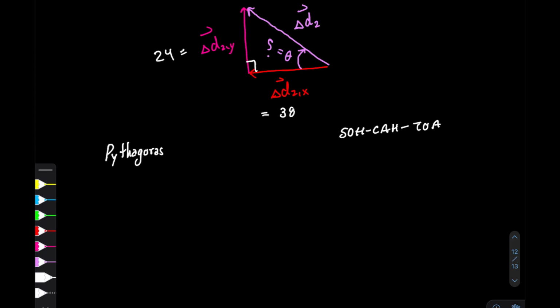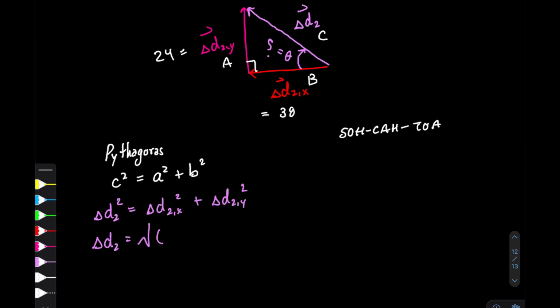Using Pythagoras, we're going to take C to be the hypotenuse and the other two sides A and B. Recall it's going to be C squared equals A squared plus B squared. This means delta d2 equals, we get approximately, the hypotenuse is 45 kilometers.